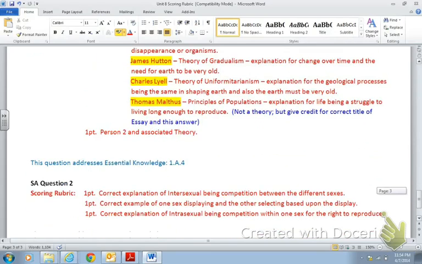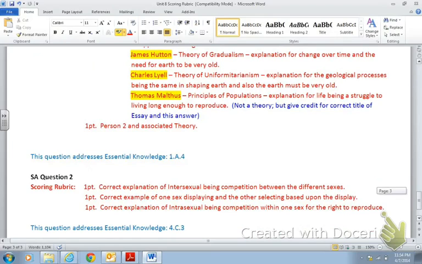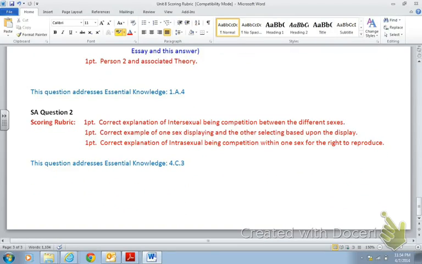All right, the next question, most people missed. Okay, INTER is where the same sex competes, but with like bright colors or song or dance.